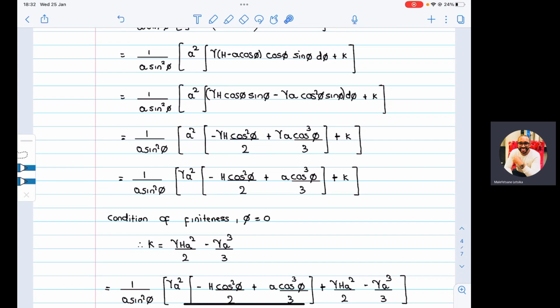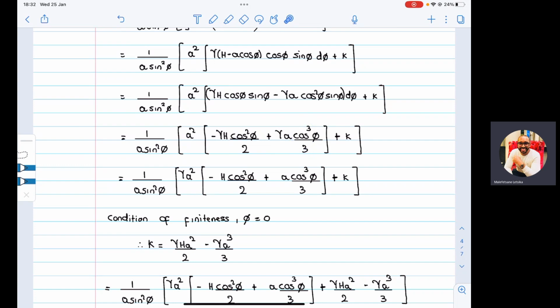Or if you're not familiar with phi, you can use x, because students see x all the time. You can always put cos x and sin x to get the same thing, it doesn't matter. Same way, if you take the integral of cos squared phi sin phi with respect to phi, gamma a here is a constant as well, and you will get that result.